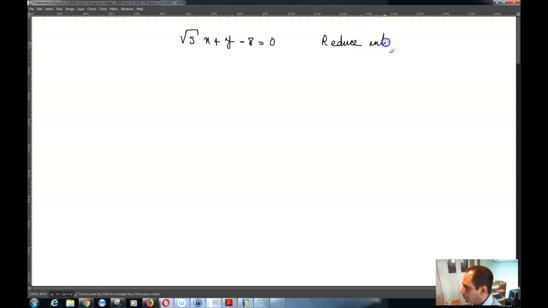And you know that normal form is basically x times cos omega plus y times sine omega is equal to p, and find the values of p and omega. We want to know p and omega.